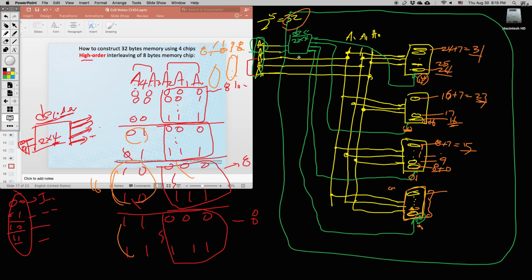So with the insertion of a decoder, and decoding of the high order bits, with the low order bits directly addressed to each memory chip, we achieve a higher capacity memory. So that is high order interleaving of memory chips.